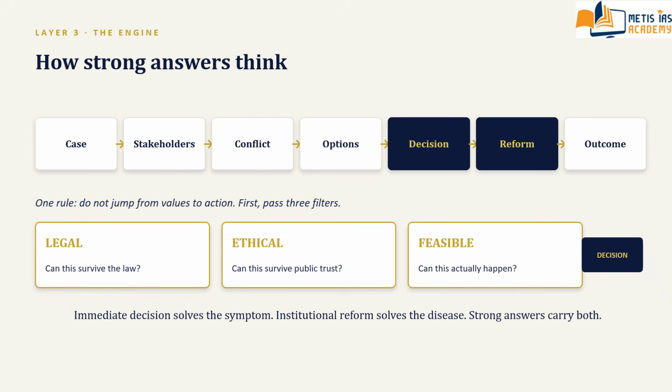And I am repeating again how a strong answer thinks: case study, then stakeholder, then conflict, then options, then decision, then reform, then administrative outcome. Before writing a case study, you are going to pass three filters: legal, ethical, feasible.